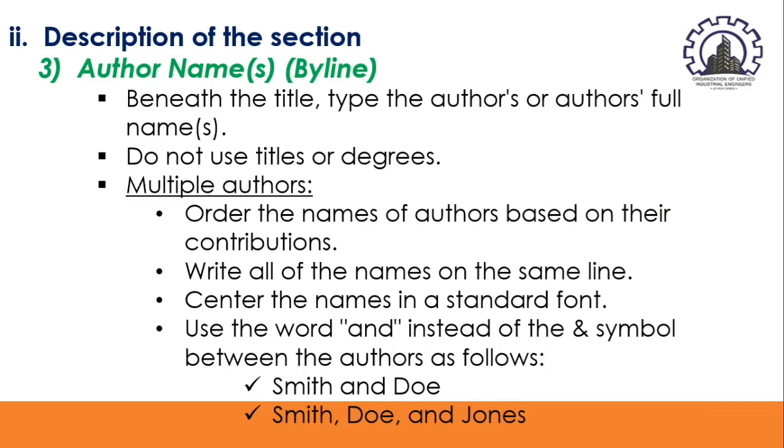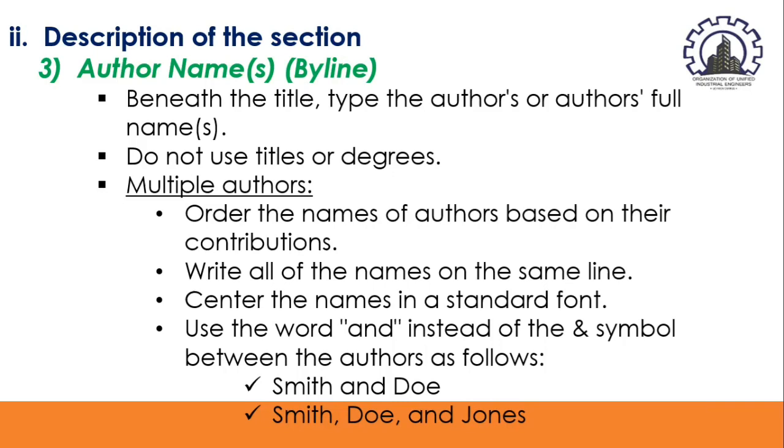Now, I have contributed 70% of our thesis. So meaning to say, I will be writing down my name first, and then followed by my group member who contributed like 20%, okay? And then lastly by another group member who contributed only 10%, okay? That will be how you order your names on your title page.